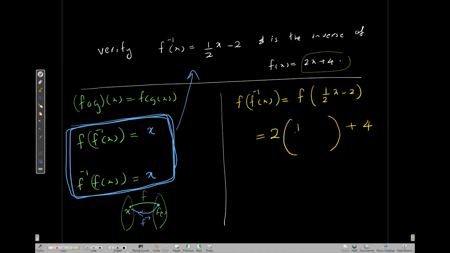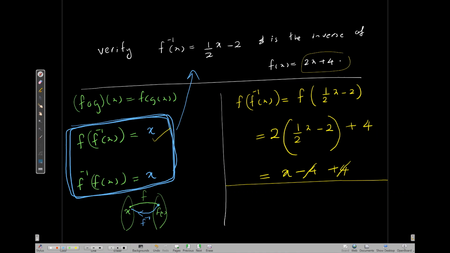Now you are throwing this guy, so just write it down here. Now simplify. 2 times 1/2 is x, 2 times minus 2 is negative 4, and then you have plus 4. See, it will cancel and you have x. So f of f inverse is x, and now let's check the other thing.